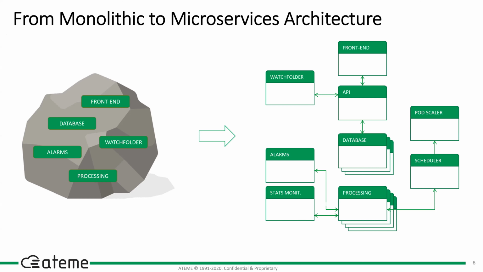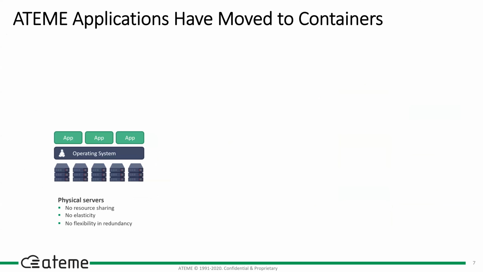So I want to talk about why containers in Docker are good from an efficiency standpoint, and we're going to talk a little bit about how that may look in a typical infrastructure. So the good thing about our company is we've been working for the past several years on moving all of our applications to containers. And what is a container?